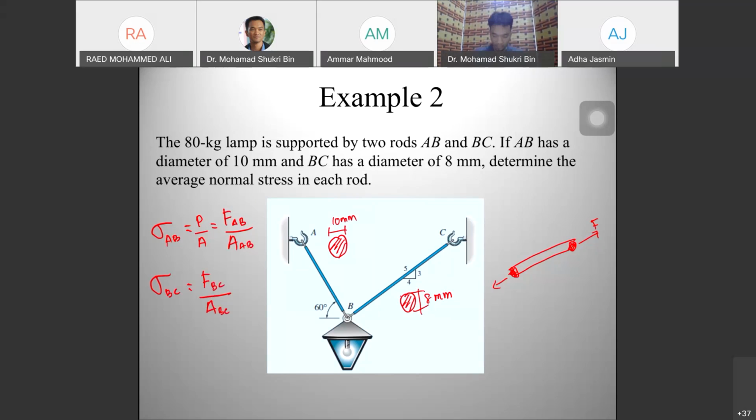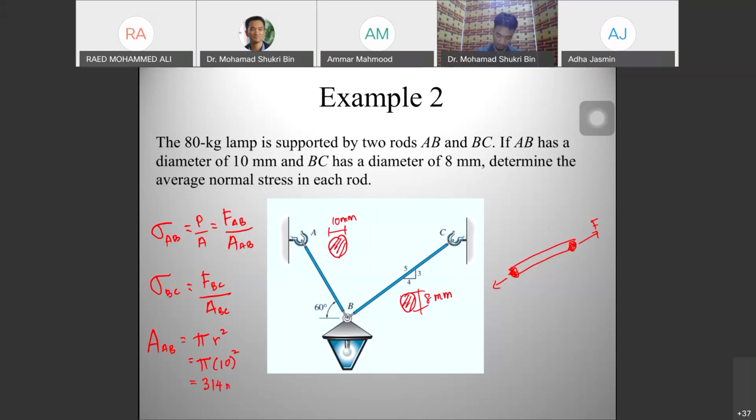So area of AB is basically, for the round shape, pi r squared, or pi times 10 squared. So 314 mm squared.